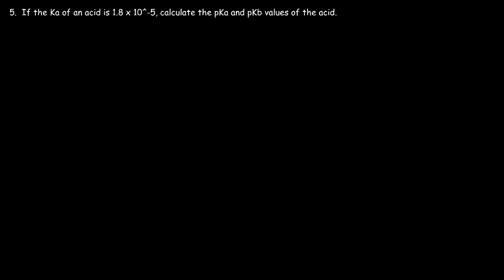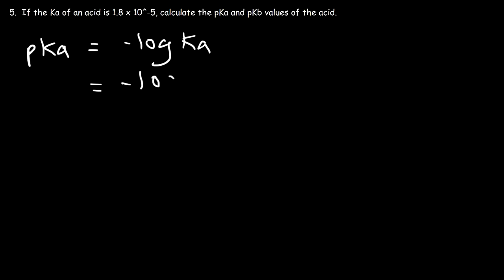Number 5. If the Ka of an acid is 1.8 times 10 to the minus 5, calculate the pKa and pKb values of the acid. So let's start with the pKa value. It's a negative log of the Ka value, just as the pH is the negative log of the H plus or H3O plus value.